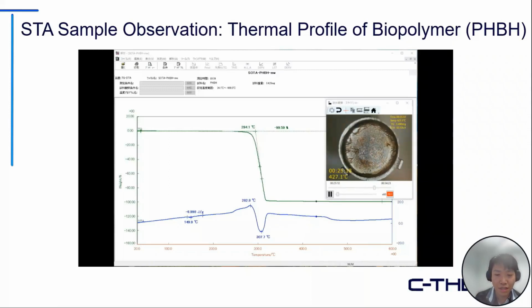But without this thermal sample observation technology, we might not be able to determine that this little endotherm was actually a melting and not just some random bump on the table that caused such noises.